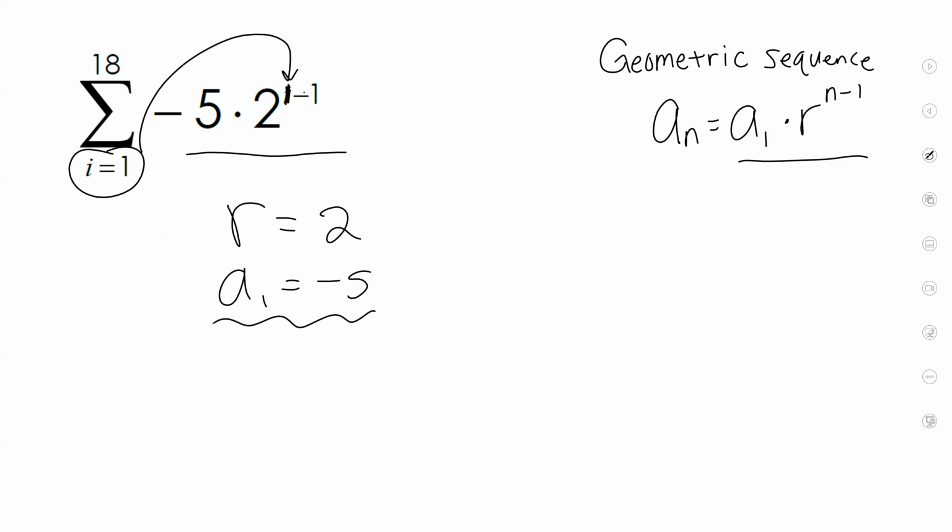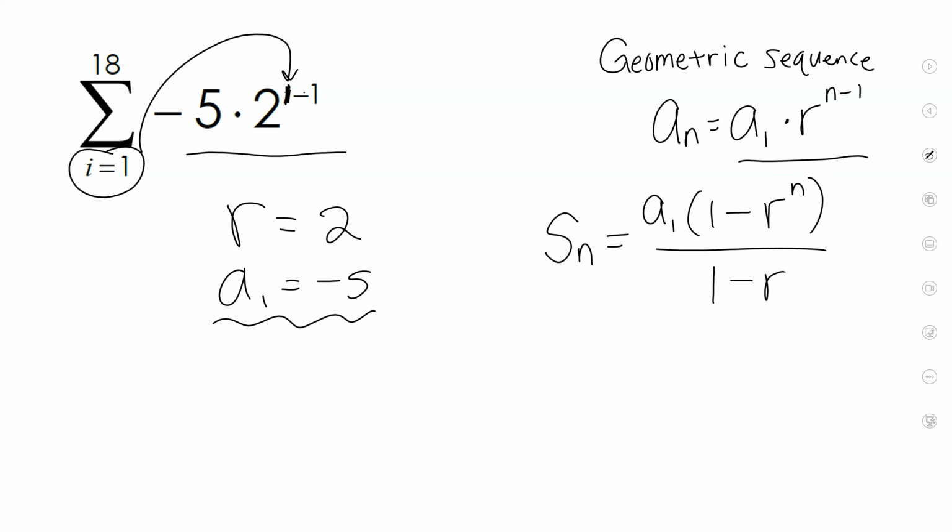So, guys, let me remind you of the formula that we learned today. The geometric series is a1 times (1 minus r to the power of n) over 1 minus r. So let's go ahead and plug in our numbers. The very first term is -5. The ratio is 2.